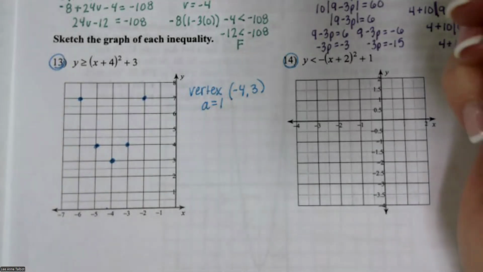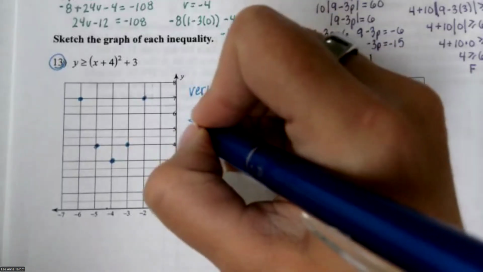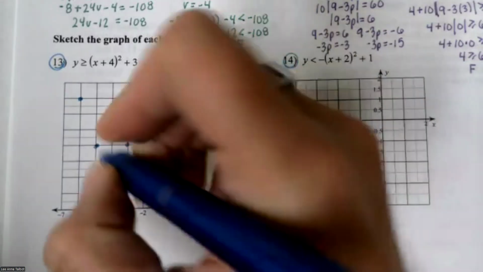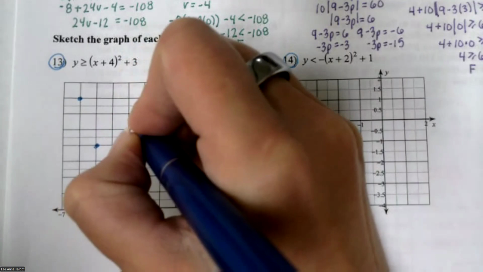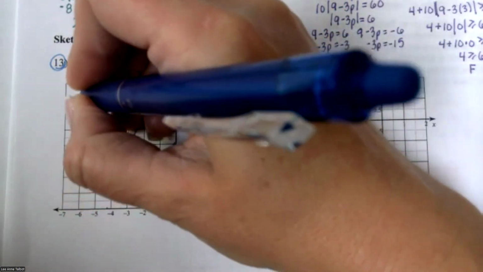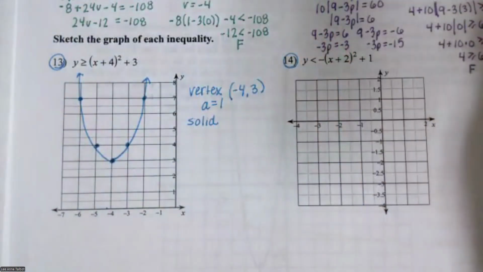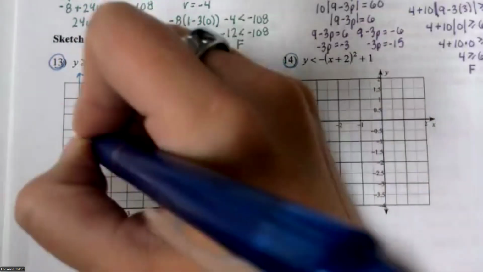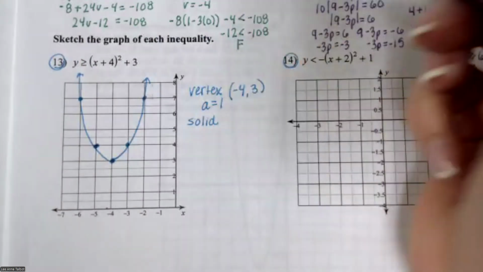And then we decide if it's dashed or solid. This particular one is solid. Completely missed the coordinate. That's fine.